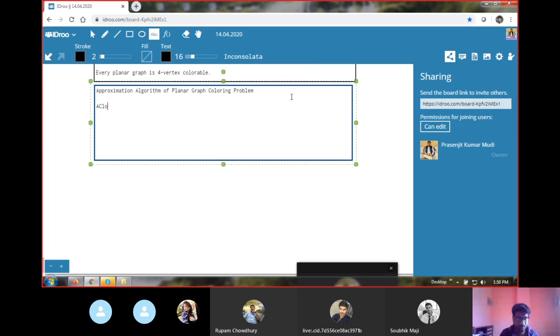The function of the algorithm: here we are checking if V is phi, that is, V contains no vertex, then simply you return 0.